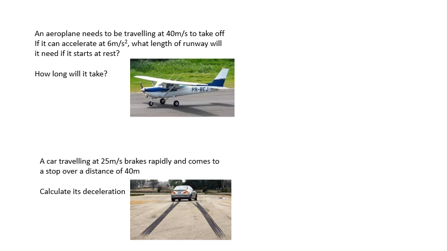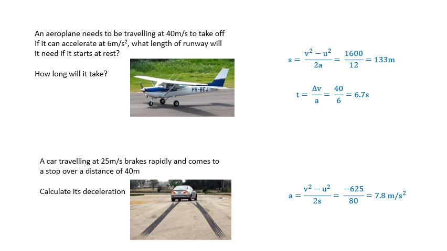Here's a couple more for you to have a go at. Okay, so pause the video, pen, paper, calculator, get them done. The answers are in 3, 2, 1, and there you go. So on the first one, again, rearrange the equation for s, bung in the numbers, 133 meters, and then for the other one, the time, I've just used a is delta v over t, rearrange that.